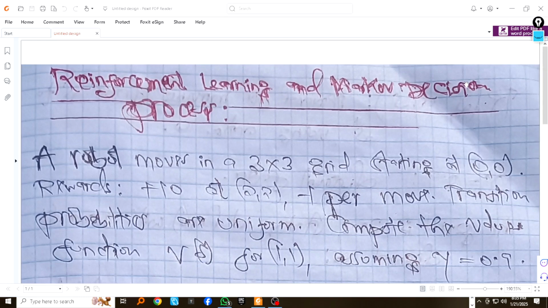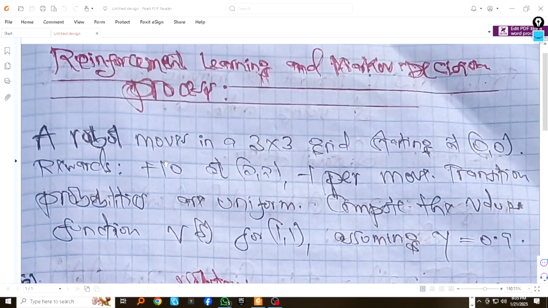Now, the question reads: a robot moves in a 3 by 3 grid starting at 0, 0, which is the origin. The reward is positive 10 at the node 2, 2 in the 3 by 3 grid. Otherwise, any transition which does not result in the robot reaching node 2, 2 results in a penalty per move.